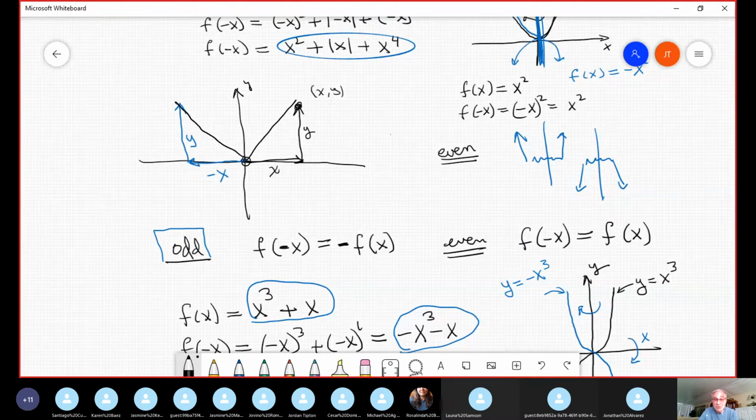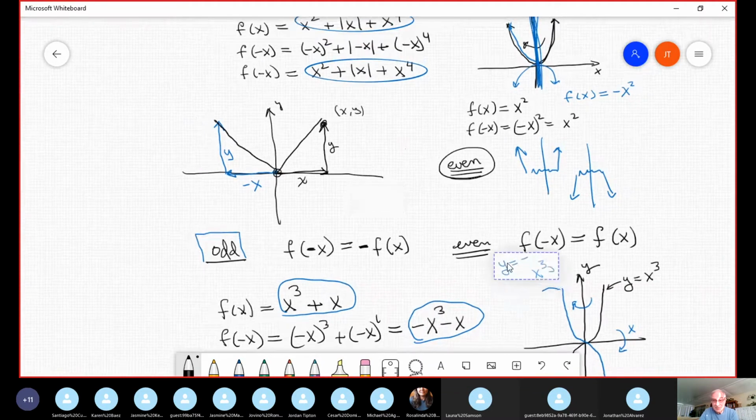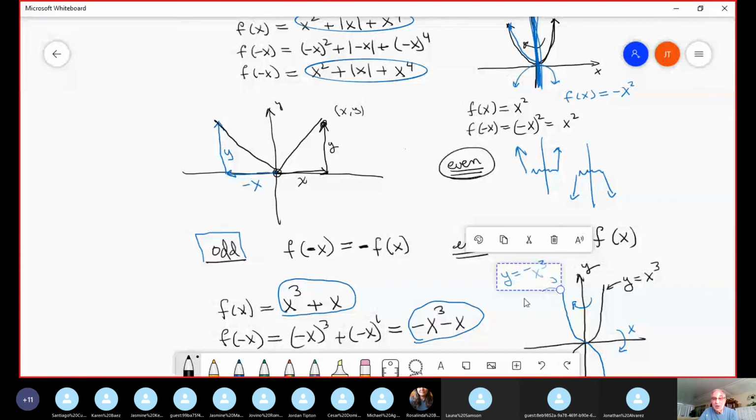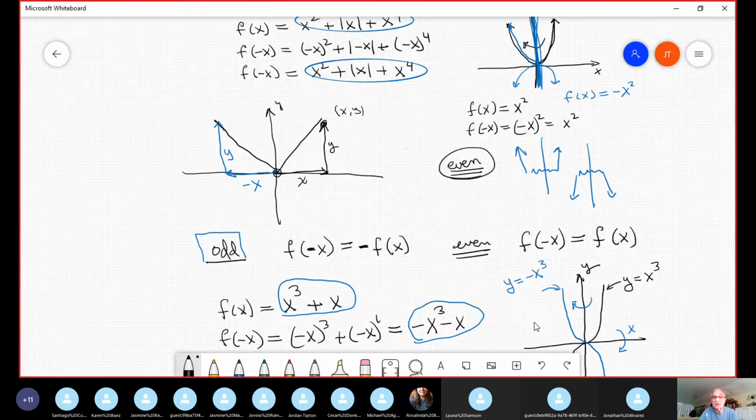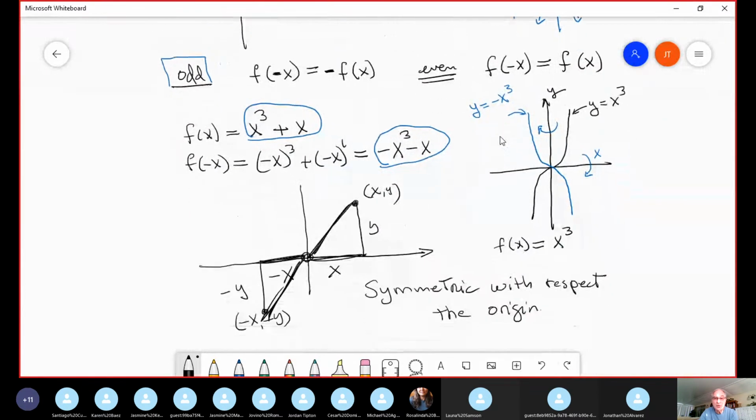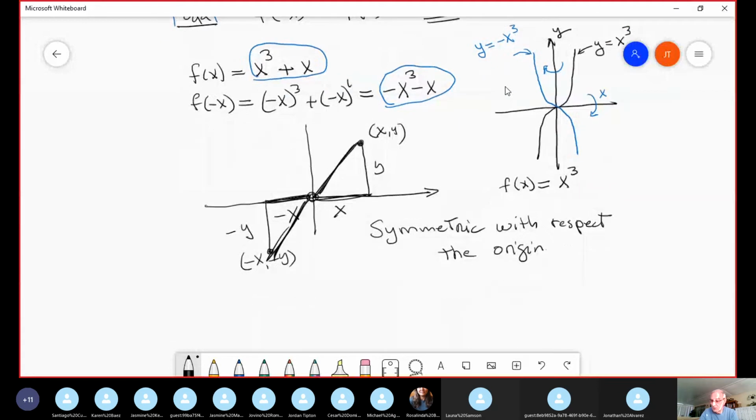So, even function and odd function are special. Different kinds of special, but it's special. But we have a lot of functions that do not satisfy the condition of even or odd. So it's neither even nor odd.